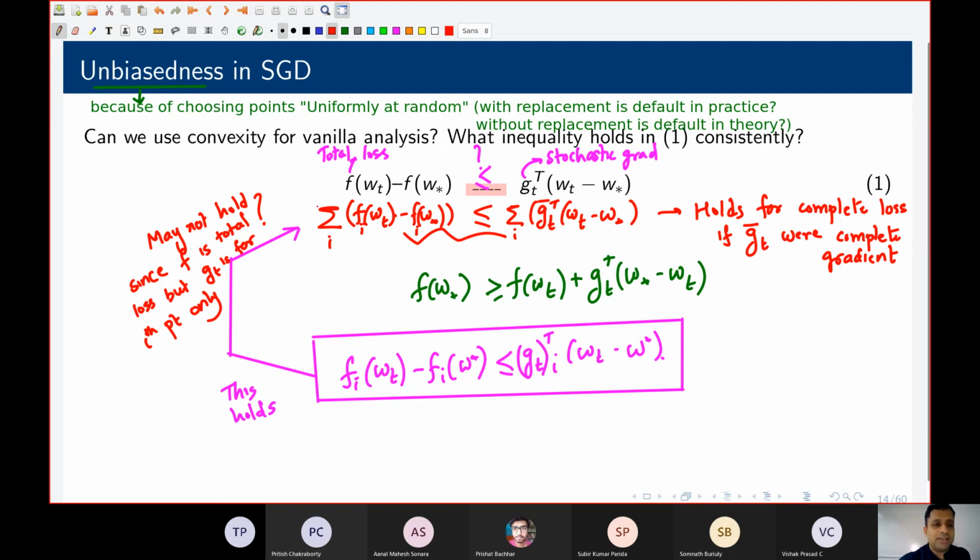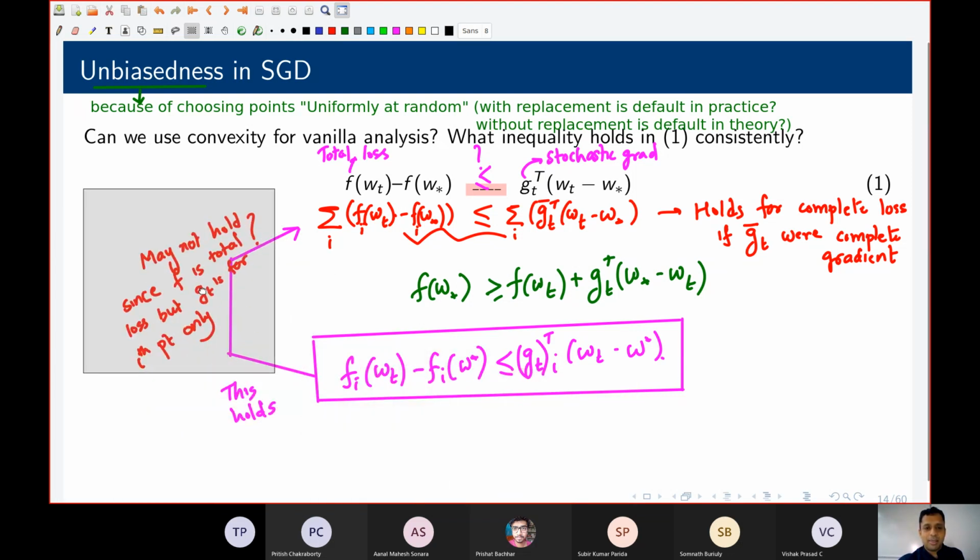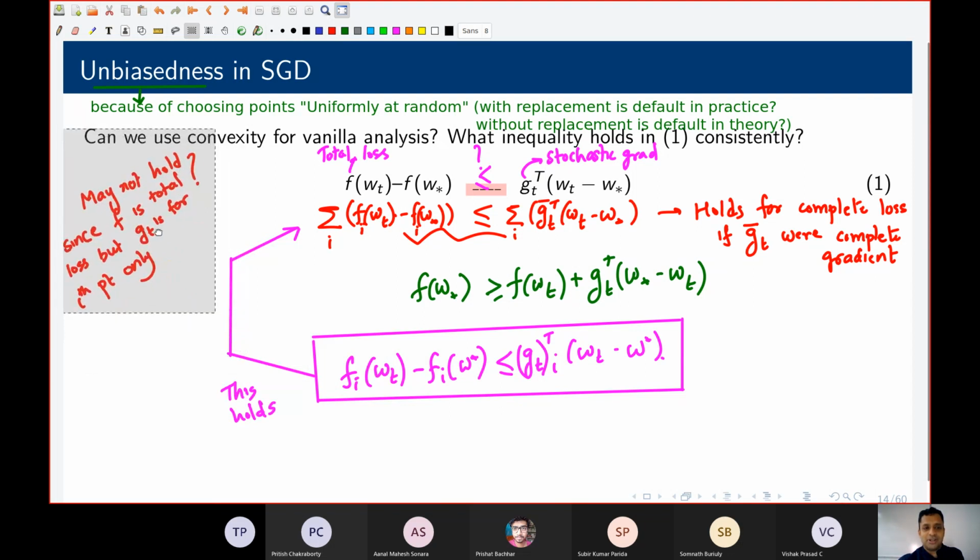So this holds. Okay, so that may not hold. That's a good point you raised. I wrote that this may not hold. Let me explain what I meant by may not hold. I understand the confusion. I've written this side by side.